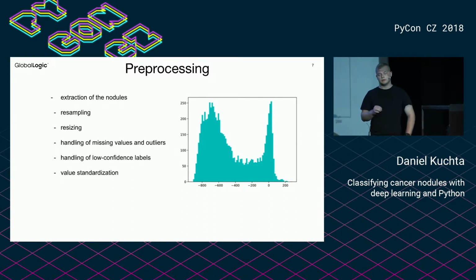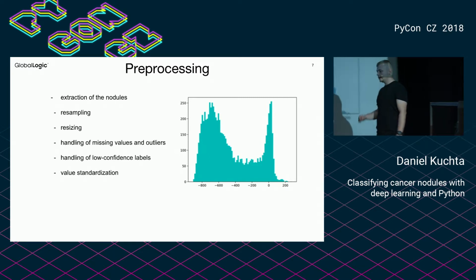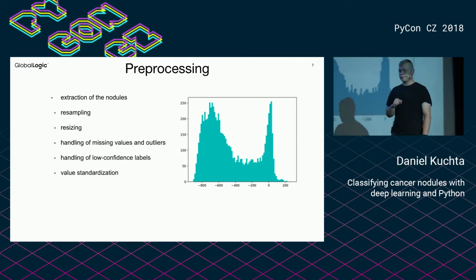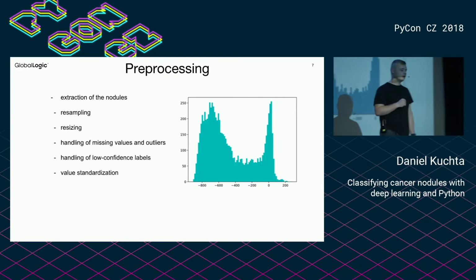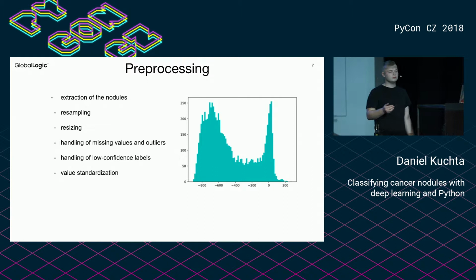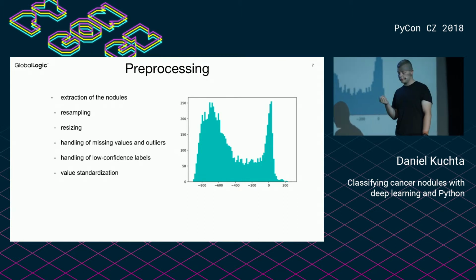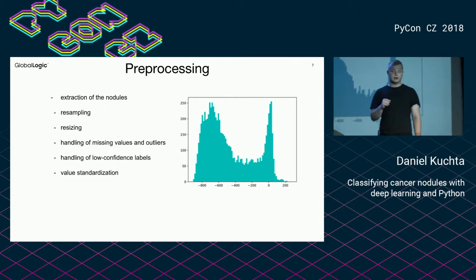So, it was quite easy to extract them and construct the 3D models of nodules. But we wanted to do better than that. We wanted to build a solution, eventually a neural network, to be able to extract and locate these nodules automatically.